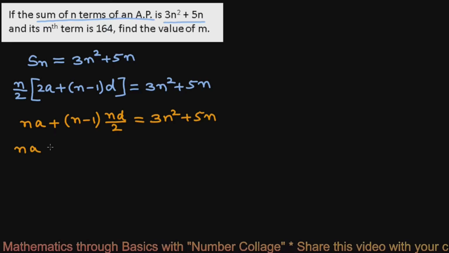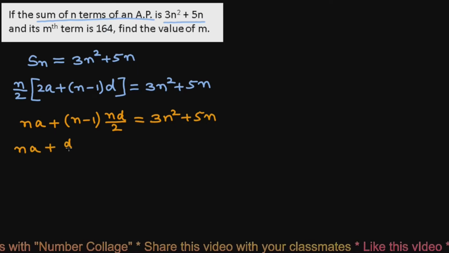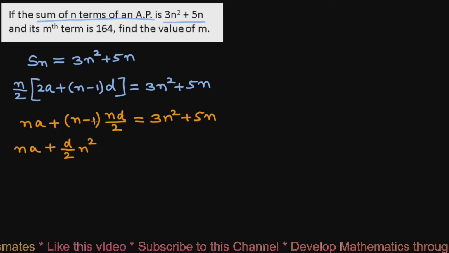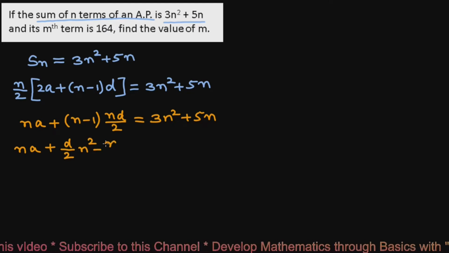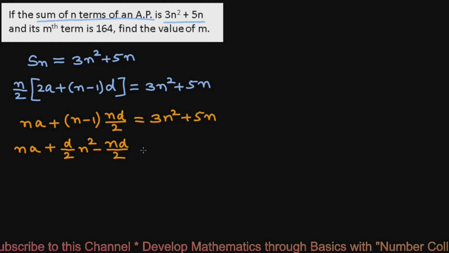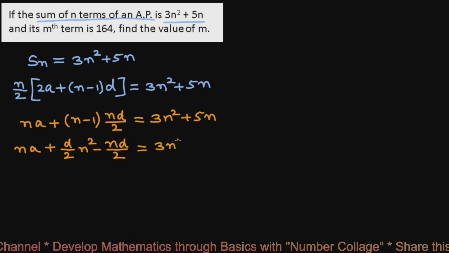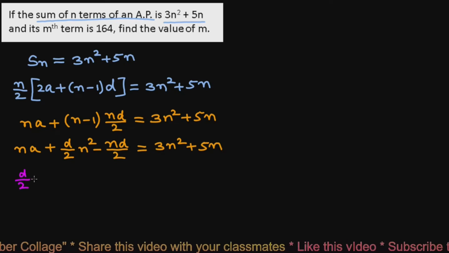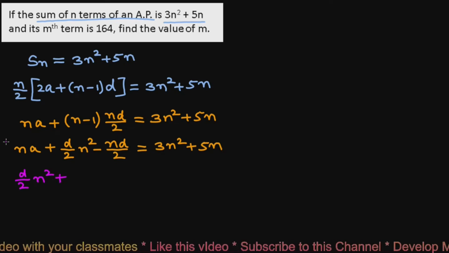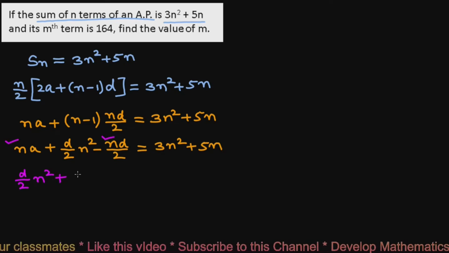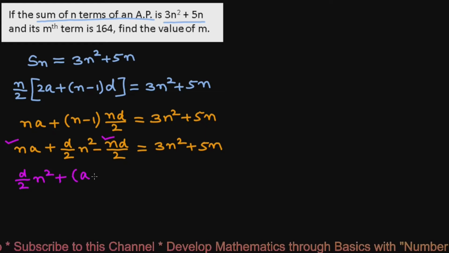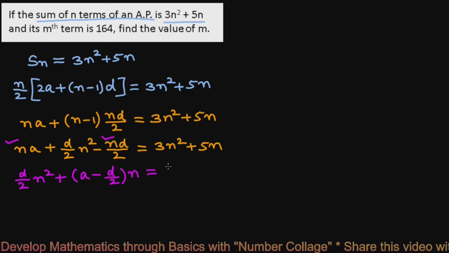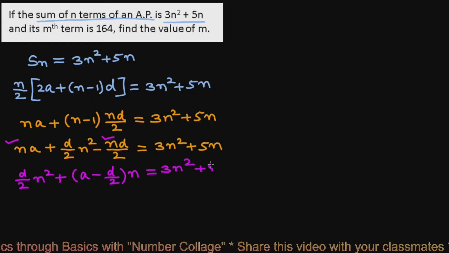Next, na plus d by 2 n into n square minus 1 into nd upon 2 minus nd upon 2 equals 3n square plus 5n. We write this as d upon 2 n square plus, taking n common from these two terms, we write a minus d by 2 multiplied by n equals 3n square plus 5n.